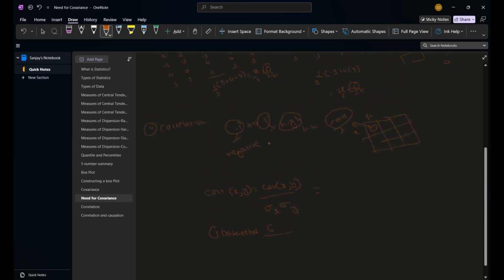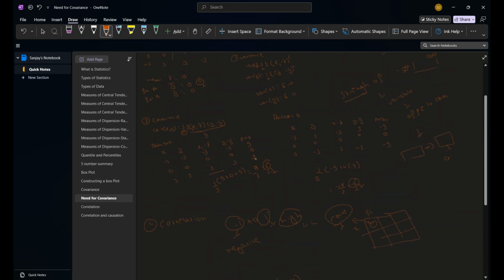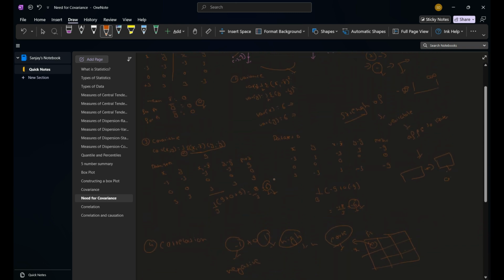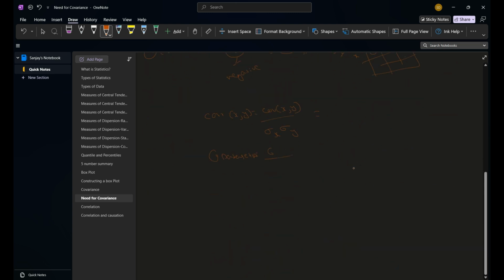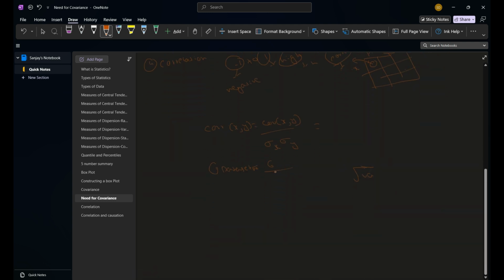We had the covariance of 6, and standard deviation is nothing but the square root of variance. What was our variance for data set a and b? It was 6 for both the data sets and both x and y.